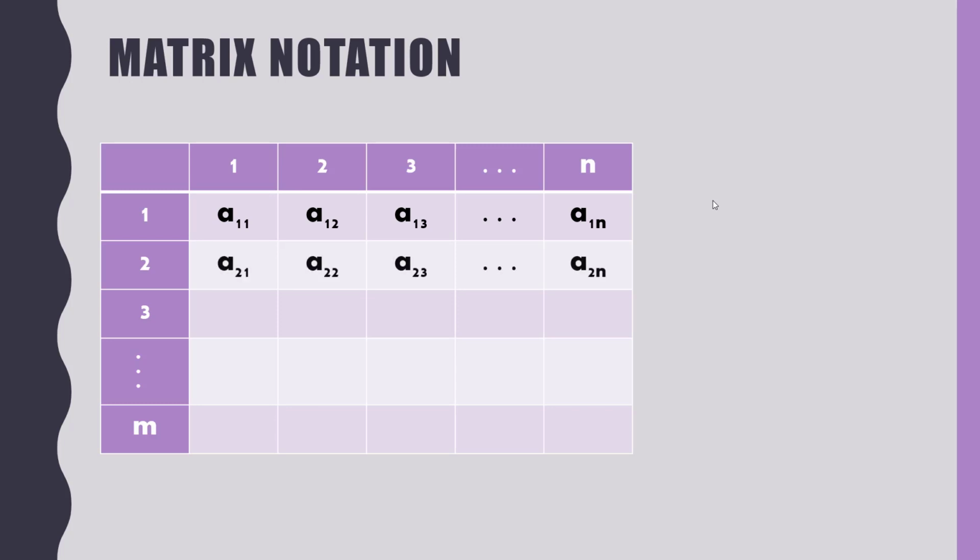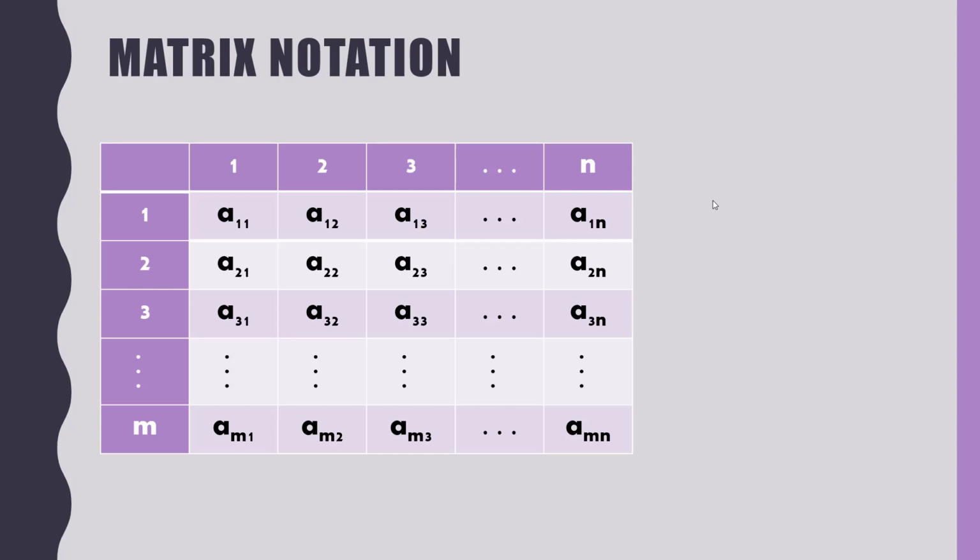Then the next row would be A21, A22, A23, A2N. Then the last row here is AM1, all the way to the mth, if that's even a word. Then row M, column 1, row M, column 2, and on down the line. The last one in the grid is AMN.